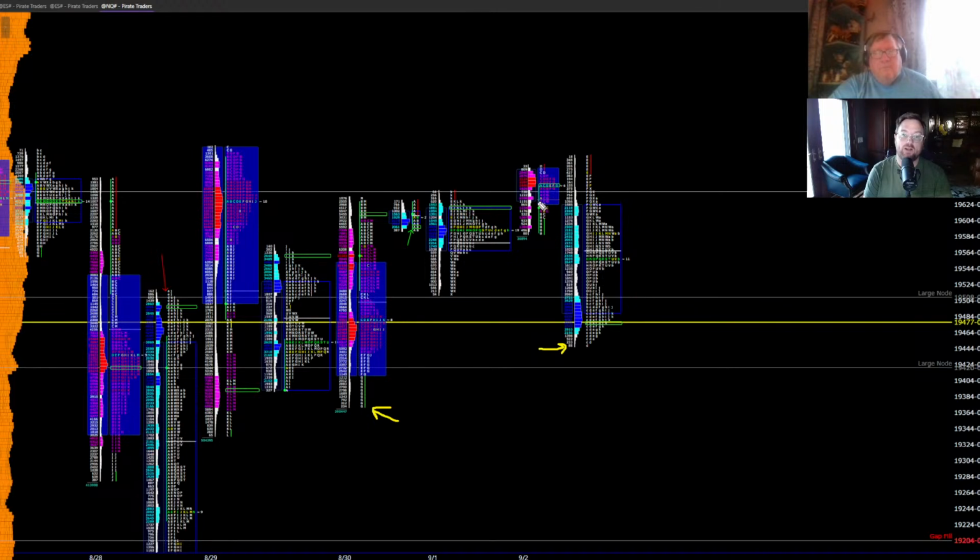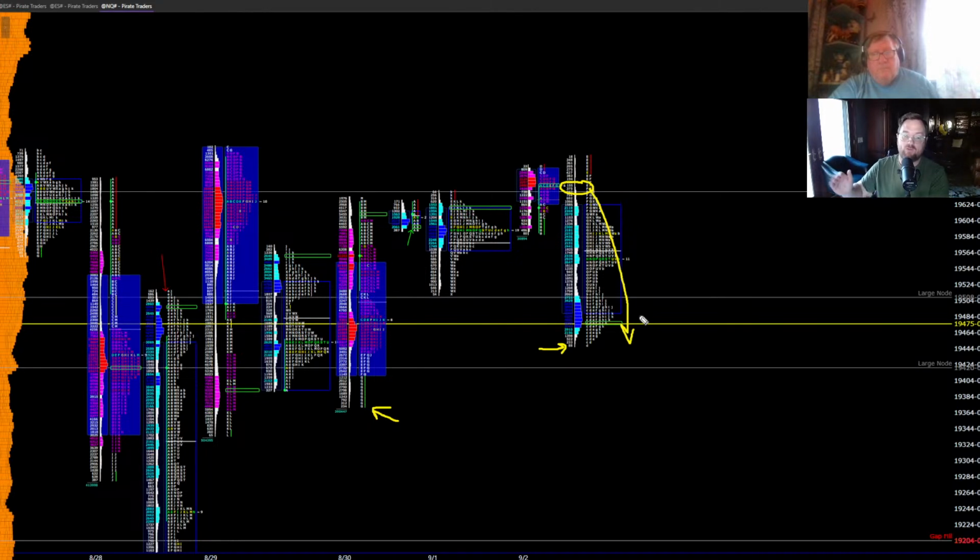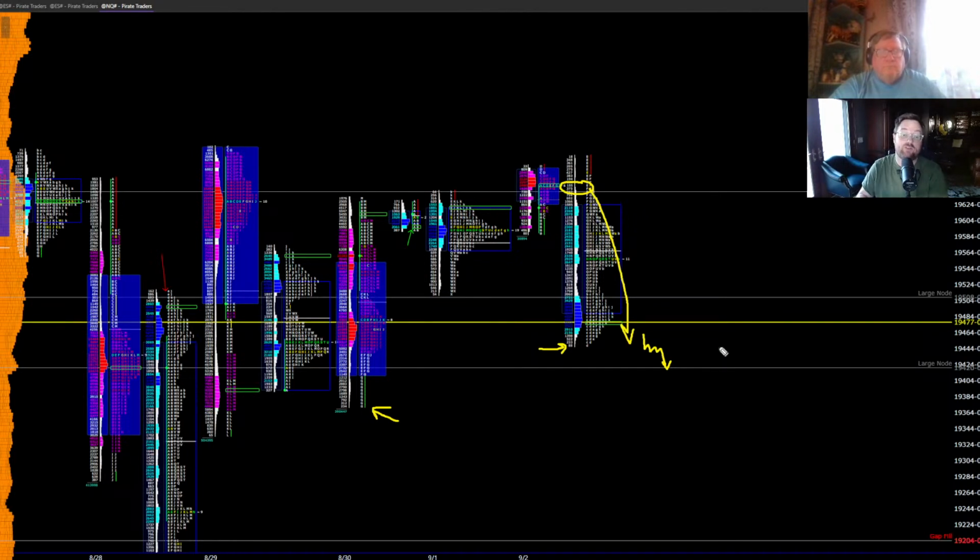The overnight opened up here and sold off all the way down to here. So that tells us a majority of the participants from the overnight are short. So if they get below the overnight low and they get new selling, they have no reason to take profit. So any resistance below that overnight low is new sellers entering the market.